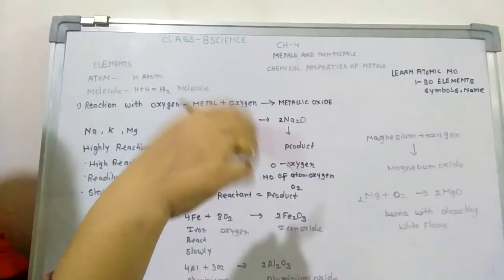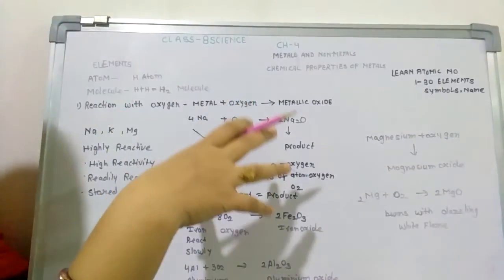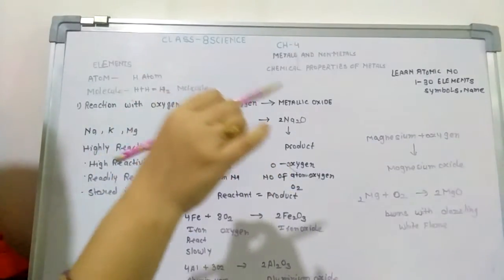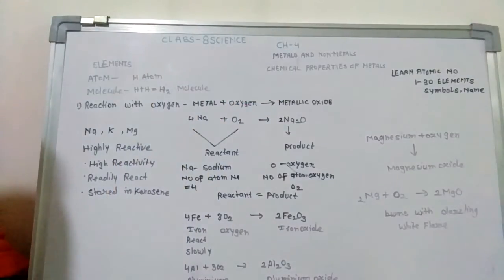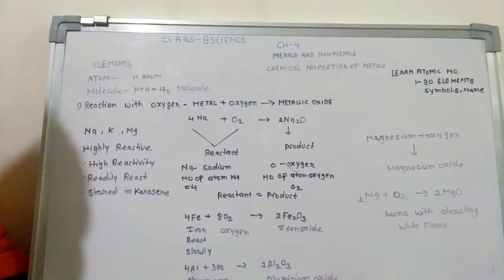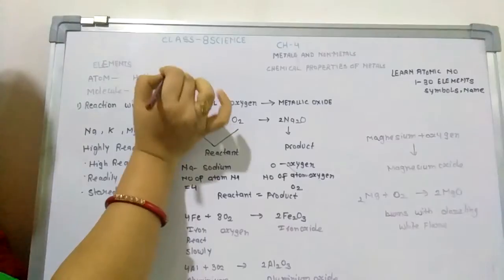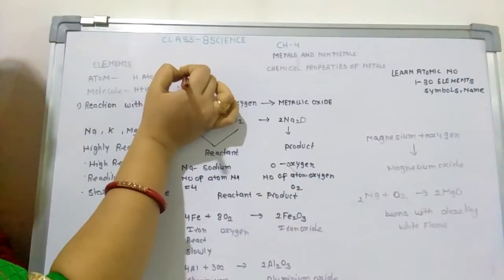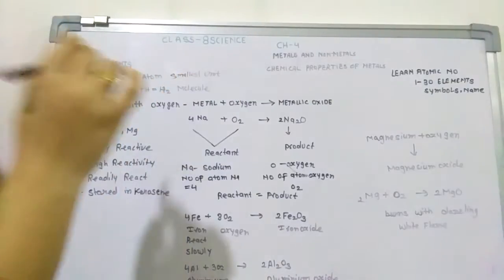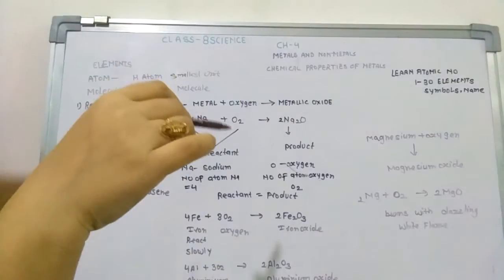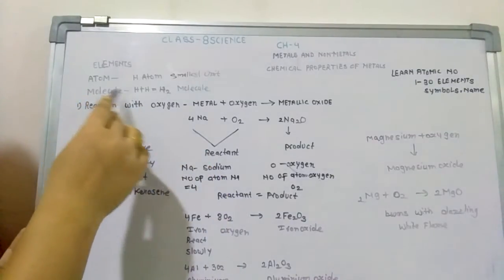Elements like metals are made up of atoms, and the atom is the smallest unit of an element. When two or more atoms join together, they form molecules.